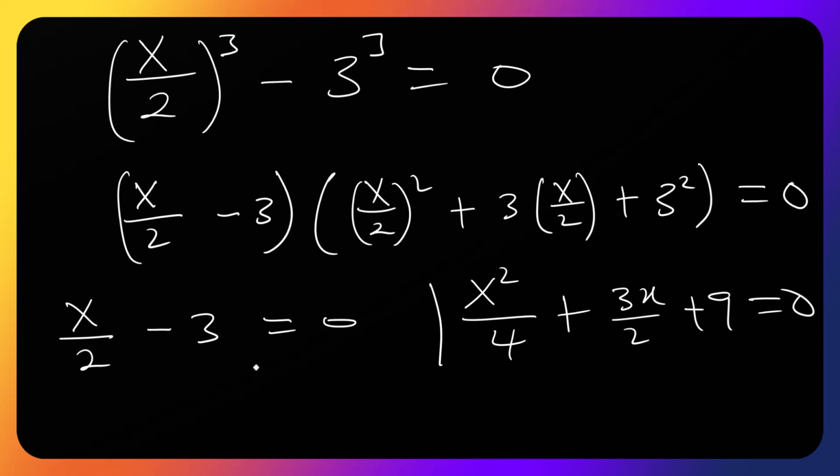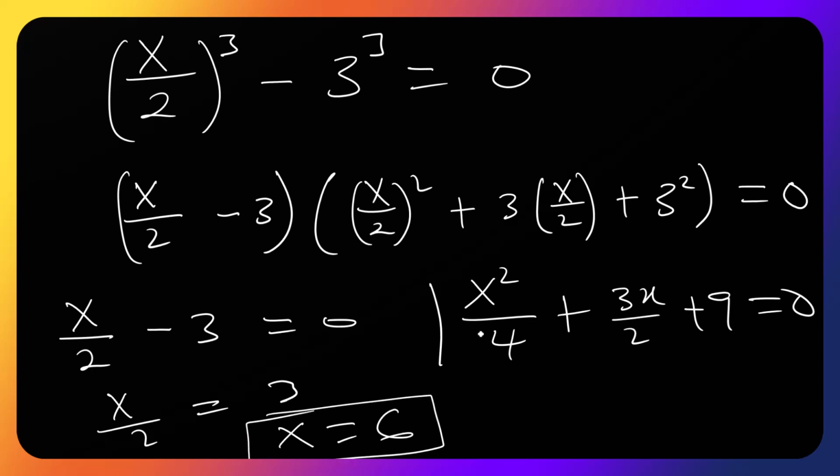Here we have this. So this side will be x over 2 equals 3. Therefore, x is 6. So we have x equals 6 as the first answer.